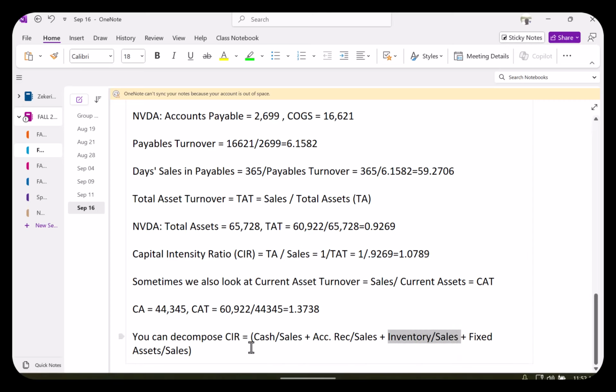So if a company has a high capital intensity, you can figure out where that comes from. Is it coming from a lot of cash or a lot of fixed assets or inventory or other reasons? In fact, that's probably the only reason we even calculate capital intensity ratio when you're doing asset efficiency analysis of a firm, so that you can decompose it into those little pieces.